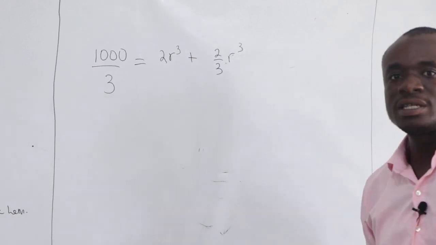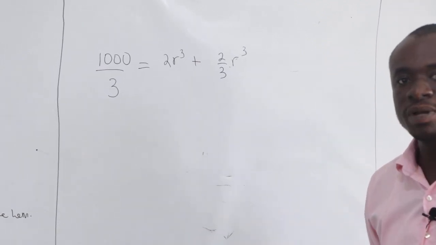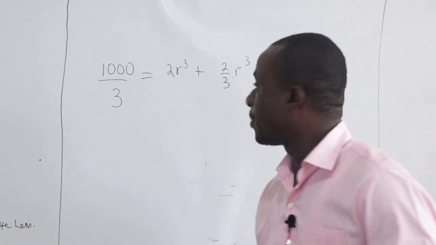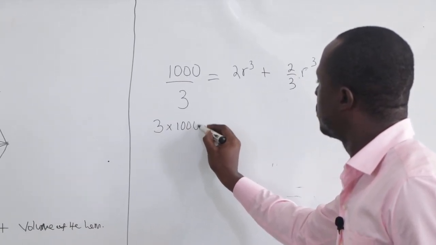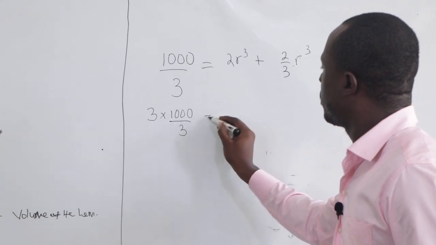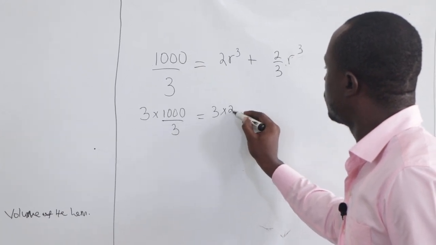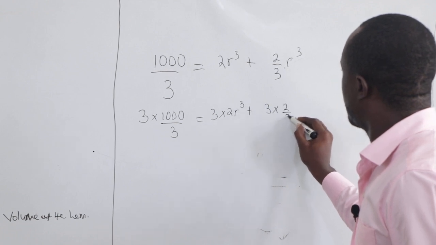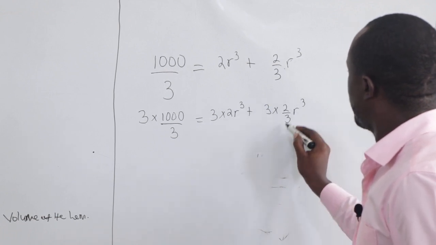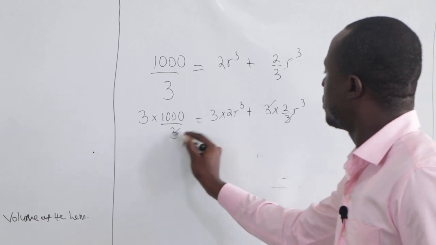Now, what is the LCM? LCM is 3, so you multiply each term by 3. So you have 3 times 1000/3, 3 times 2r to the power 3, plus 3 times 2/3 r to the power 3. Now this is cancelling out that, this is cancelling out that.